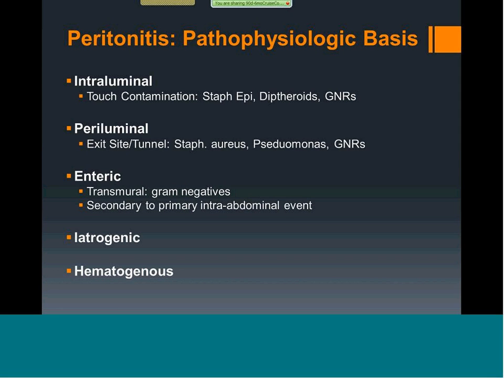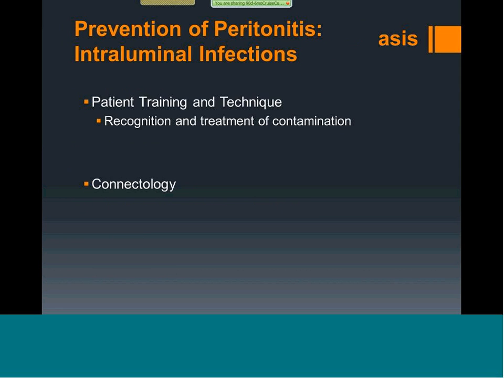I have to admit that intraluminal and periluminal routes account for 70 to 80% of all infections that happen. And it is important then to focus on preventing intraluminal and periluminal infections. In order to prevent intraluminal infection, the first step is training the patient in the technique used in performing the exchange.